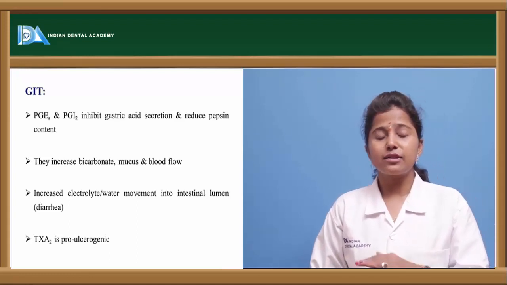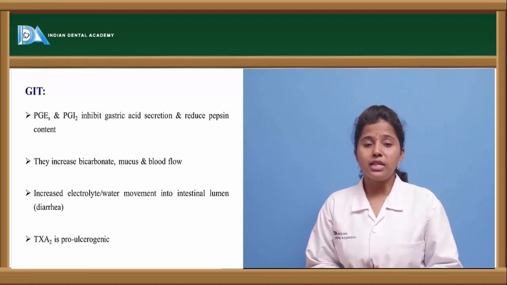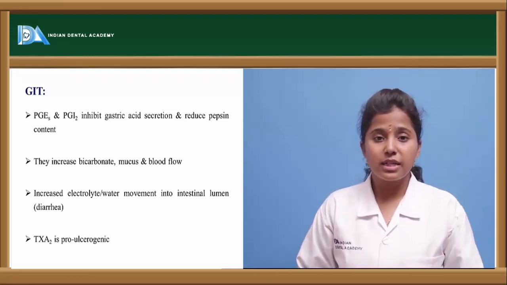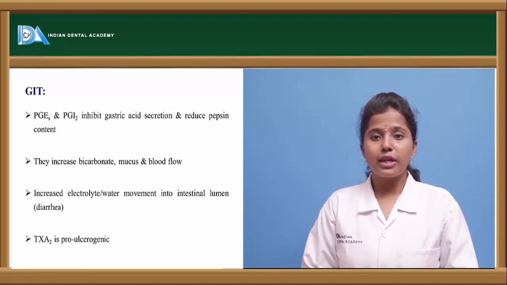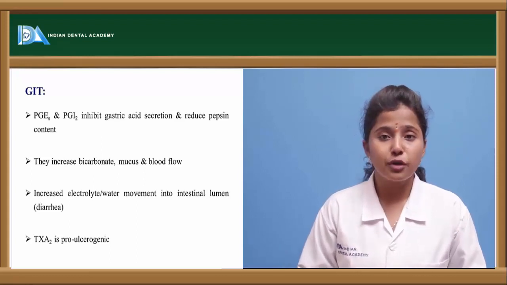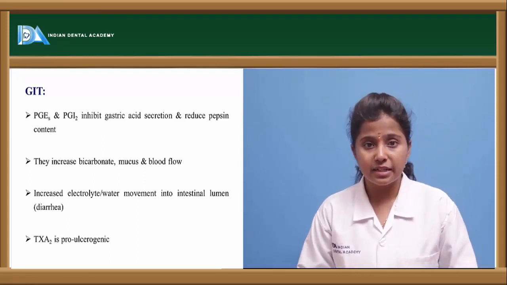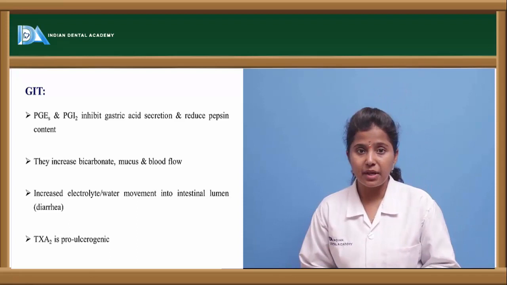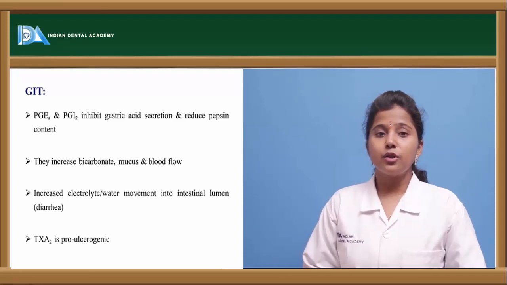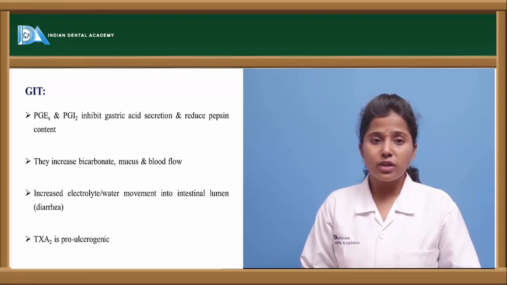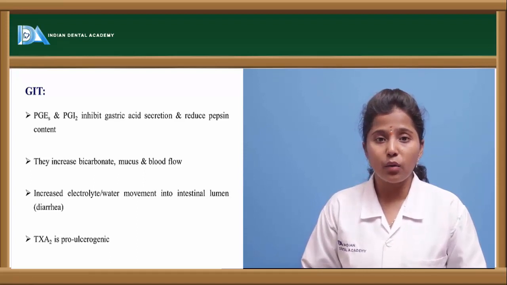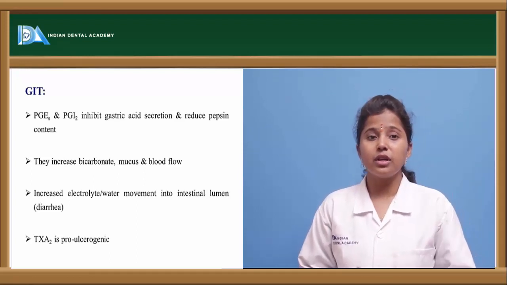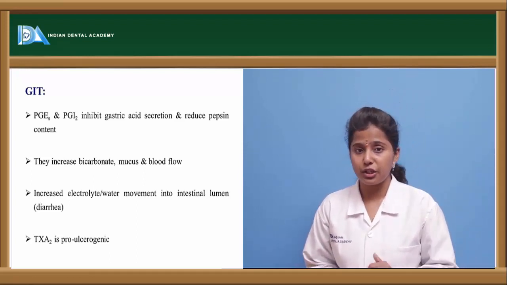In gastric acidic condition, when this bicarbonate ion secretion is more, then what happens? These bicarbonate ions neutralize the HCl which is present in the stomach, and thereby the acidity can be reduced. It also causes mucus secretion. When mucus is secreted in adequate amount, then the ulcers can be prevented in the GIT.